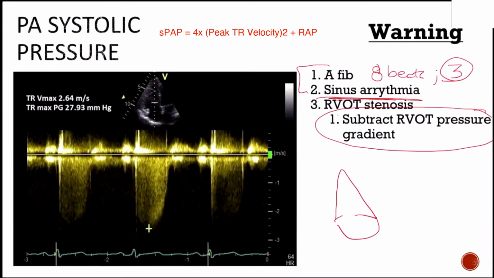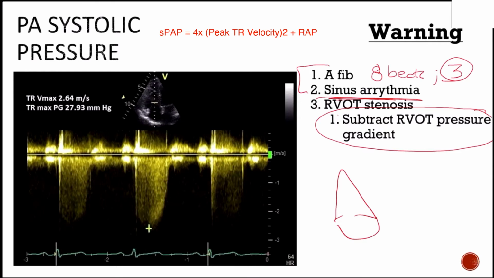All right. So our last time through this, which probably won't be on your board exam, is that there are a couple times in which calculating your PA systolic pressure via your tricuspid regurgitant jet can be faulty. Those are primarily AFib, and if you have a sinus arrhythmia with tachycardia, and that's because you have beat-to-beat variations in your stroke volumes.